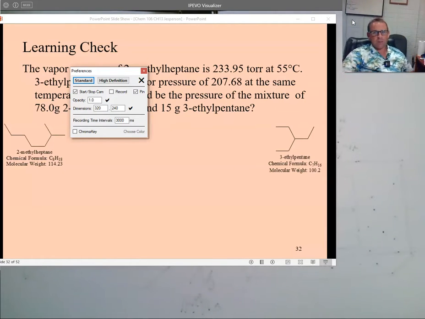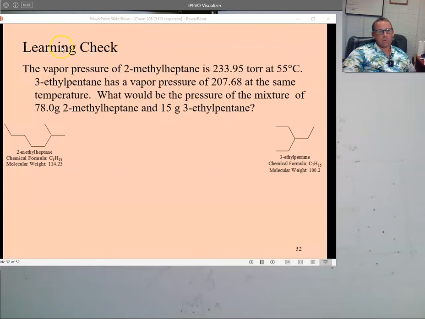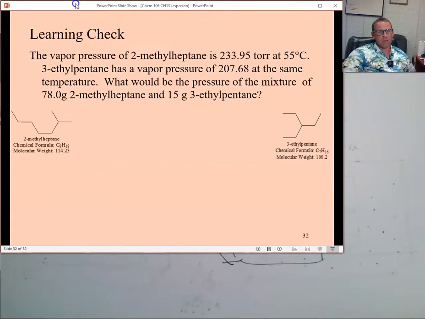You put them in a container and then they'll gradually evaporate. All right, so 2 compounds, both of them volatile. What would be the pressure of a mixture of 78.0 grams of the 2-methyl and 15 grams of the 3-ethyl?